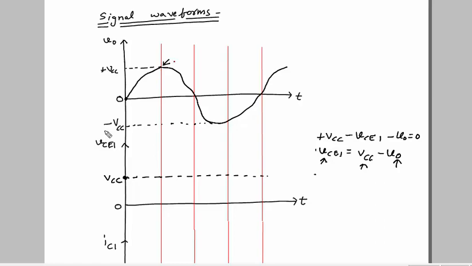If you put V naught equals VCC here, VCE1 will be 0. So it will go like this. Next here, what is V naught? 0. So if you put V naught 0 here, we will get VCE1 equals VCC. So again it will go up like this.